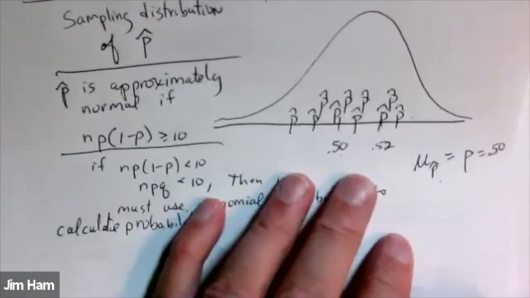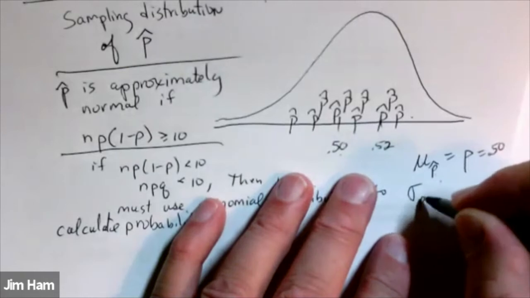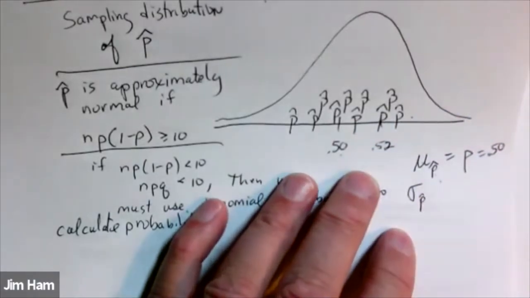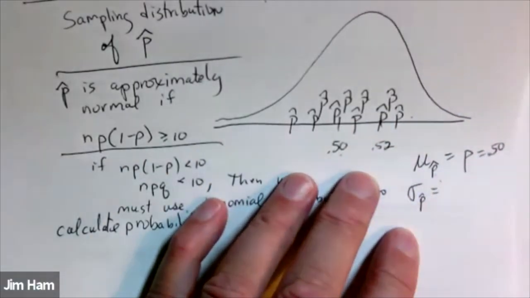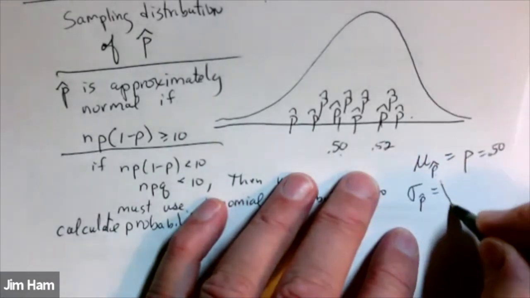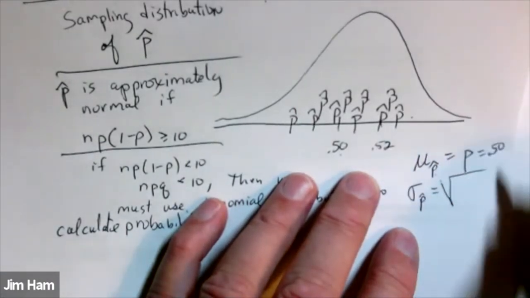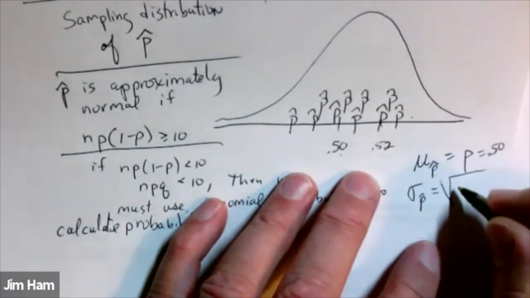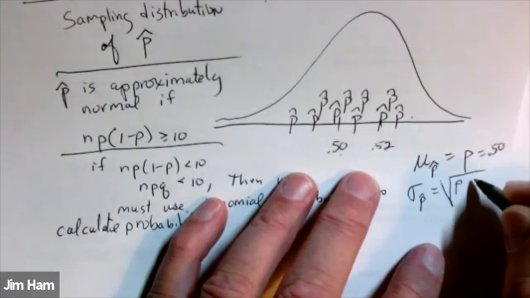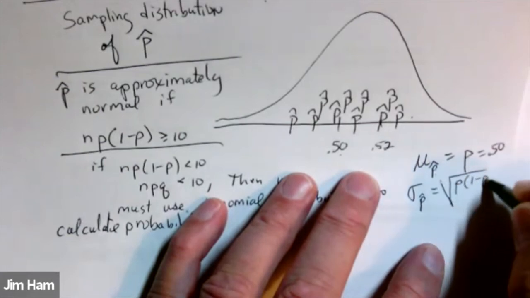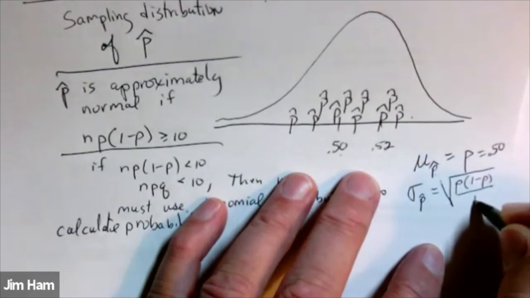And then here's a new formula. The standard deviation of the sample proportion, we're going to call that the standard error of the sample proportion, is given by this formula, the square root of p times q, or 1 minus p, divided by n.